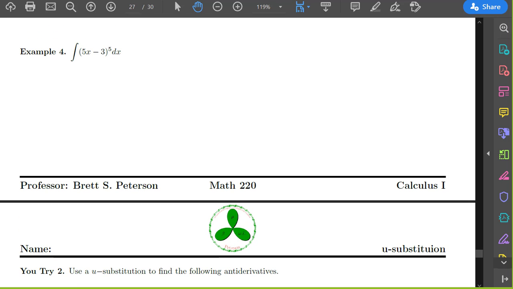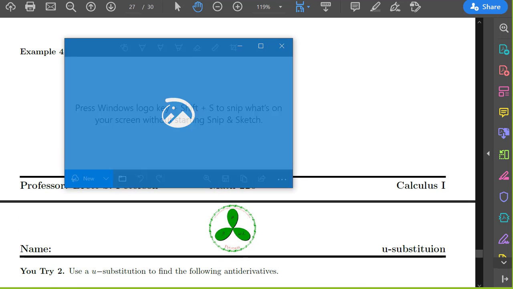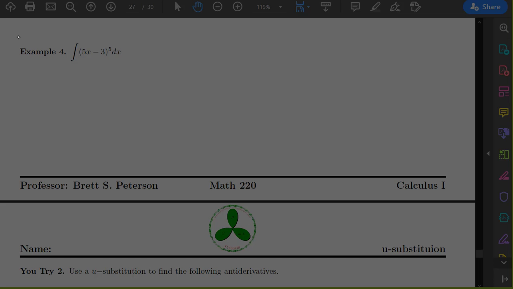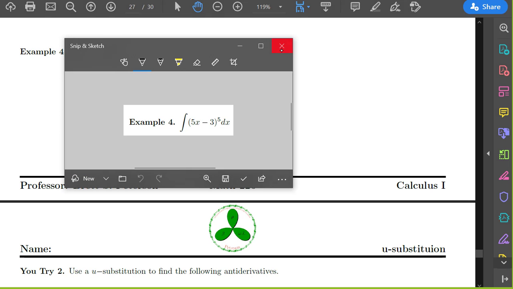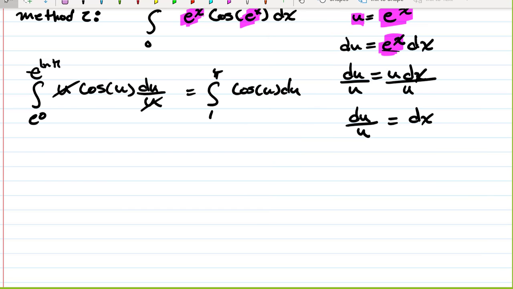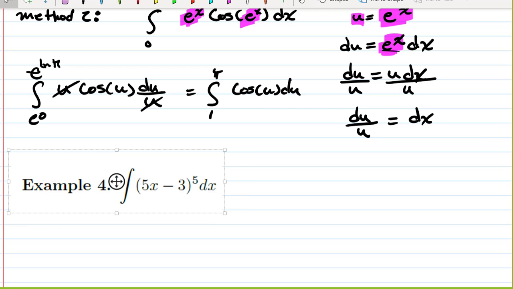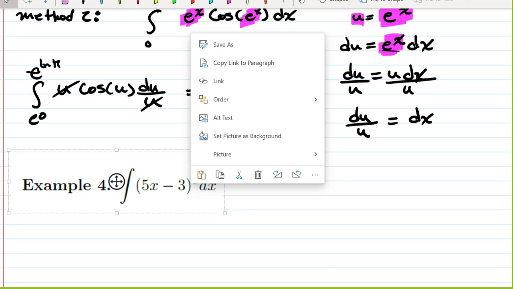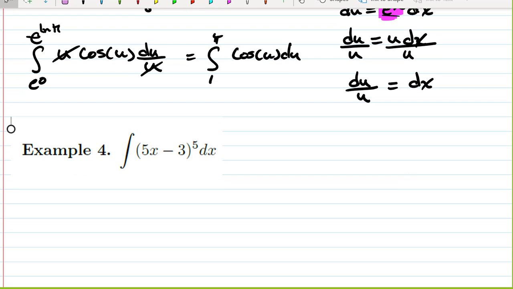So let's take a look at our next example. So we take a look at example 4, and what do we think is inside of something else?